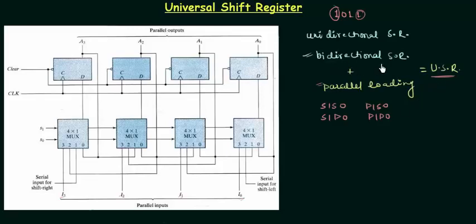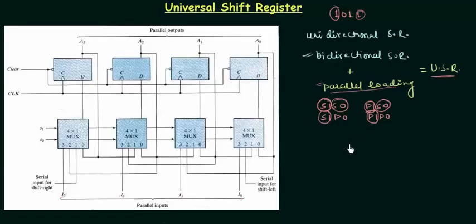We have the bidirectional shifting. It means we have the serial input of data as well as the serial output of data. And I have already told you, in USR, the universal shift register, we have the parallel loading. It means the parallel input is also possible.